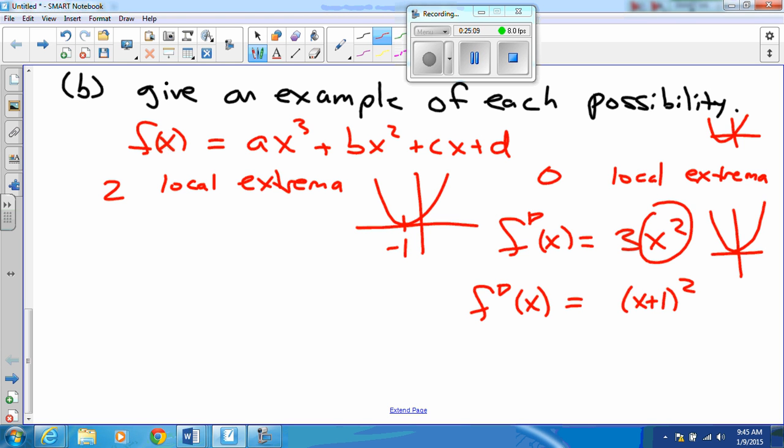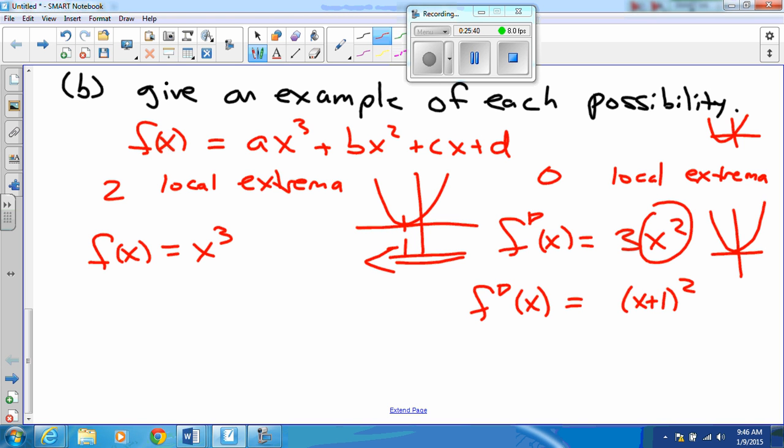Now, Philip, this was your f prime. Let's work backwards. If f prime is 3x squared, then what is f? F of x is equal to x cubed. Is this the only possible answer?